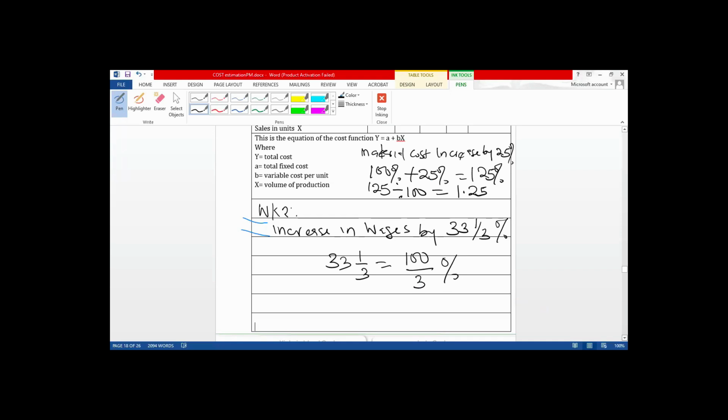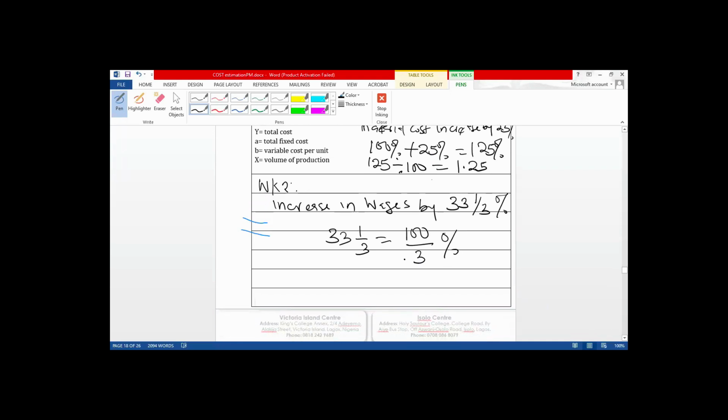You can do it like this. Percentage means division by 100. That means I have 100/3 divided by 100 percent. If I want to convert, that means I have 100/3 divided by 100/1.